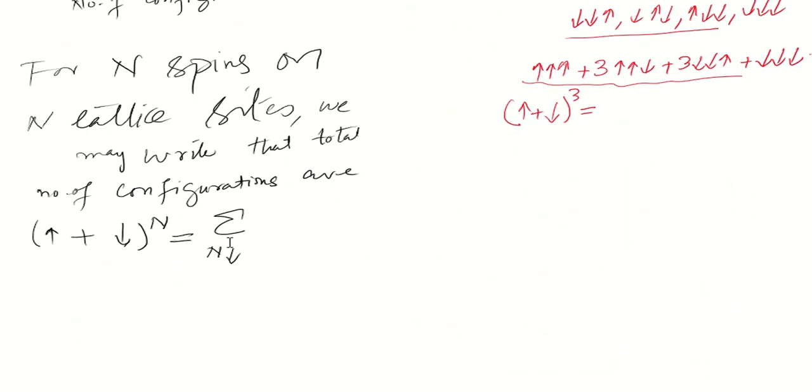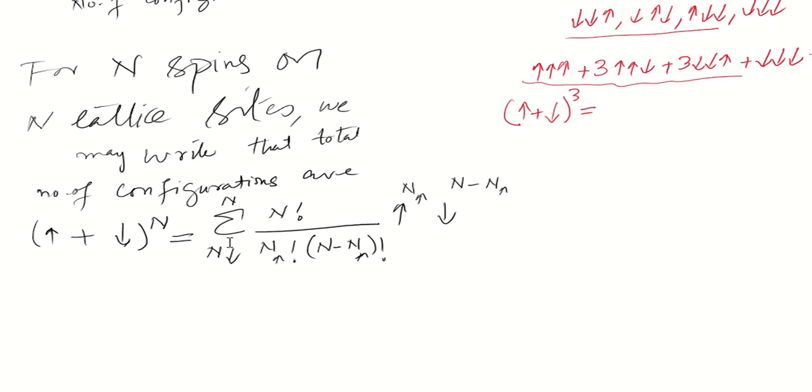N total factorial, divided by n up factorial times (n minus n up) factorial, times up spin raised to the power n up, times down spin raised to the power n minus n up, or you can write it like this, however you want. These both formulas basically represent the same thing.